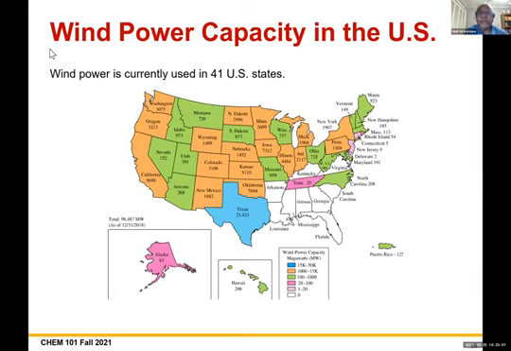The wind capacity in the US: Texas is a good state, and coastal areas are good because there's wind coming from the ocean to the shore and from the shore to the ocean. The wind capacity could be higher. But most of the states are in the middle of the United States, mid south to mid north.